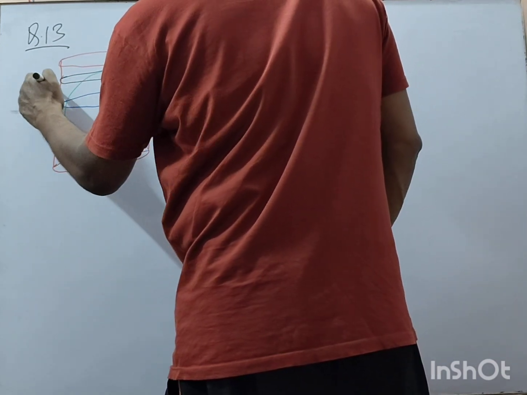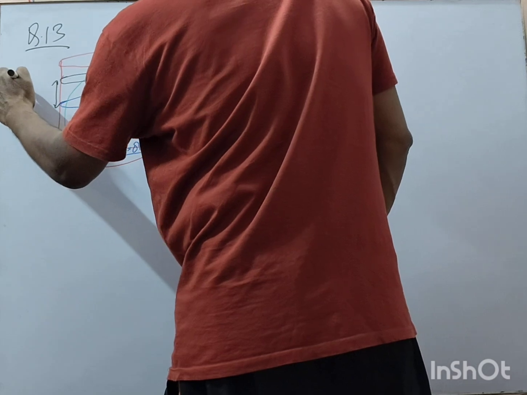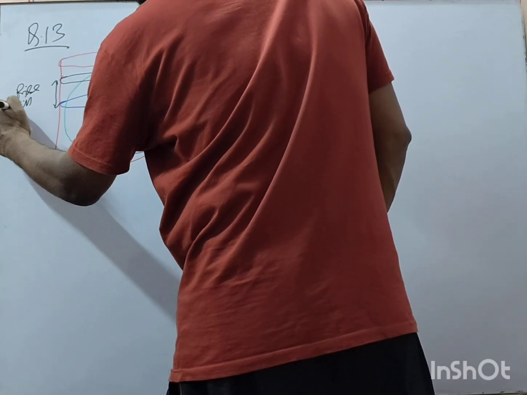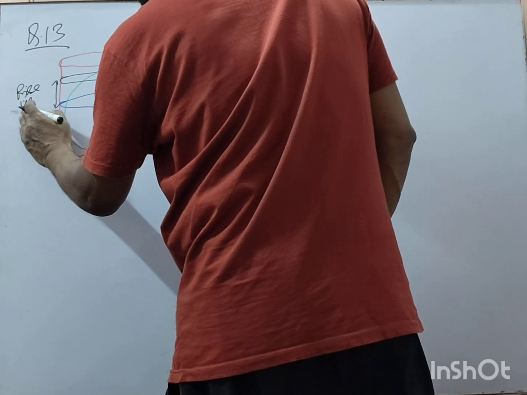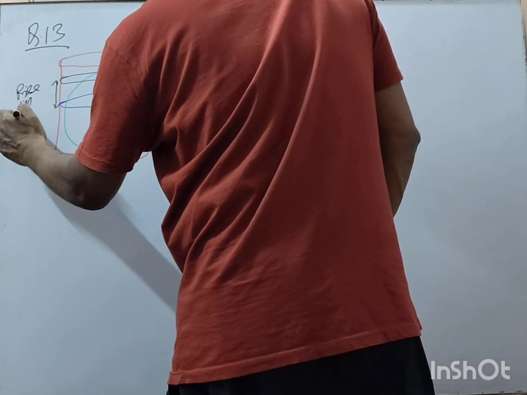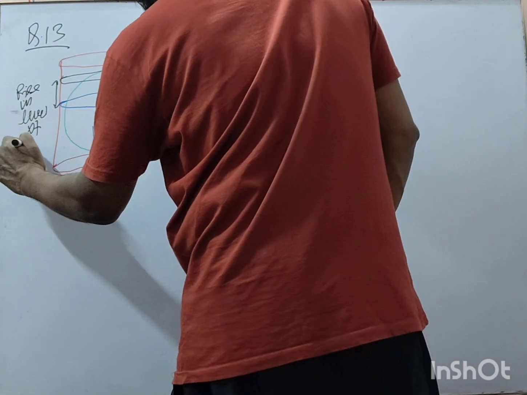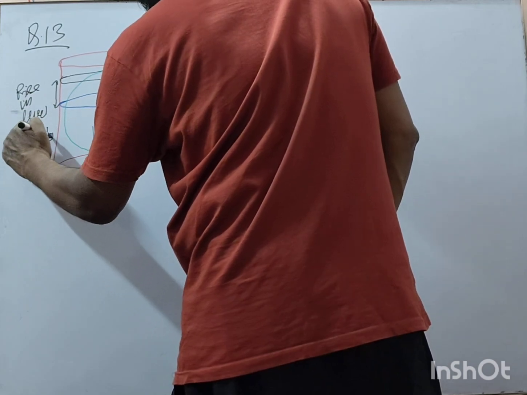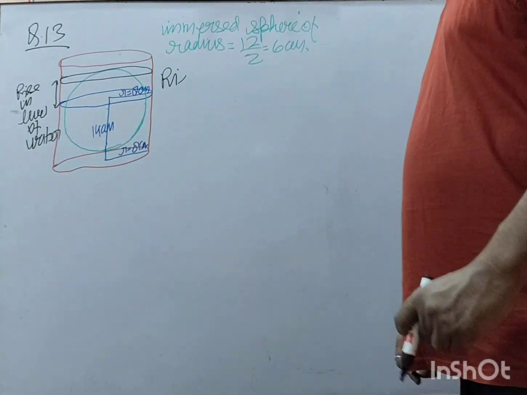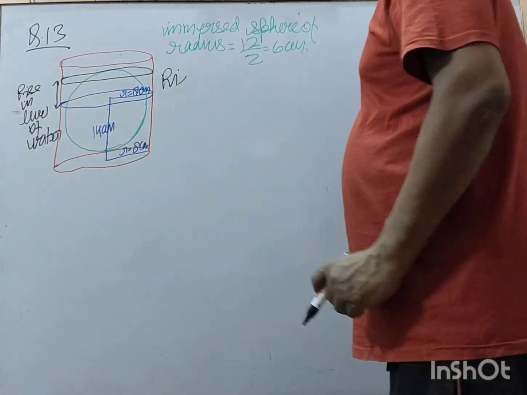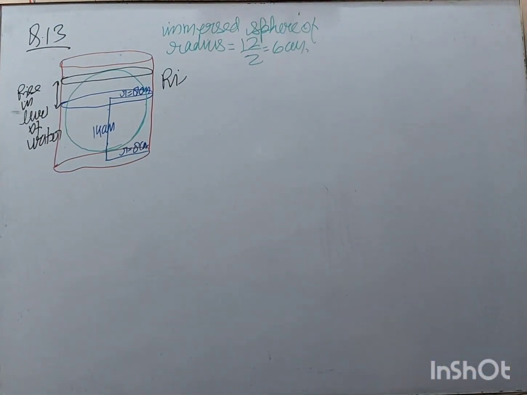This is the rise in level of water. What is it asking? By what height will the water go down when the sphere is removed?